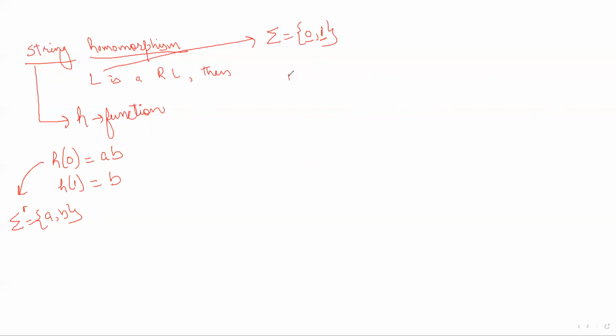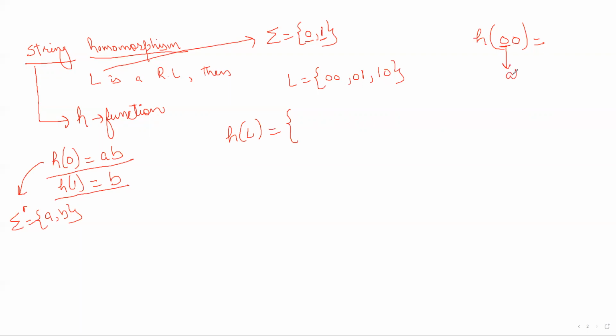Then if L is a language with the strings 00, 01, 10, then h of L is also a language. And what is that language? We use these functions. Take 00. If we apply the function on 00, h of 0 is AB, so because of the first 0 it will be AB, and because of the second 0 it will be AB.